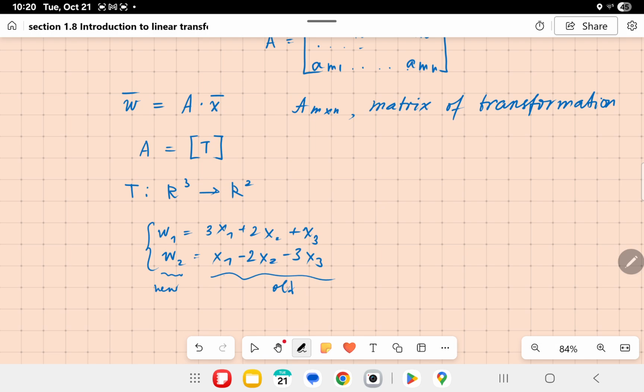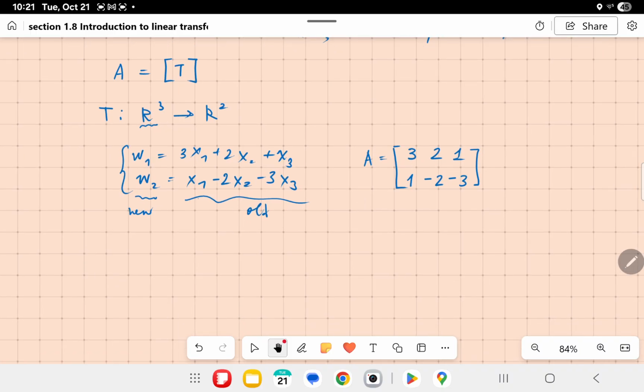How is the matrix of this transformation going to look? Well, the first row has the coefficients 3, 2, 1, right? And the second one is 1, minus 2, minus 3. What is going to be the vector which I'm going to transform? A 3-dimensional vector.